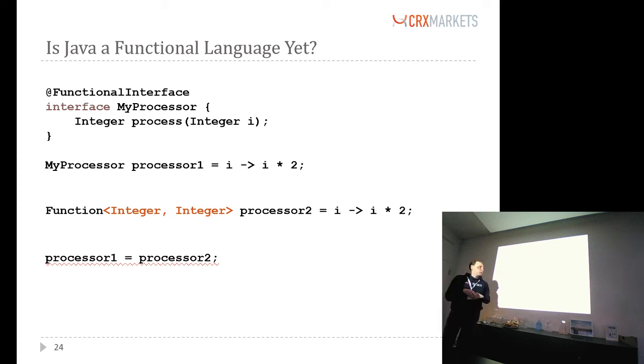And actually, I heard an opinion, well, that's a feature of Java. You can segregate different lambdas by different interfaces. You can say, okay, here I require this interface, and in this place I require this interface, and I don't want to mix and match them. So this is a feature.